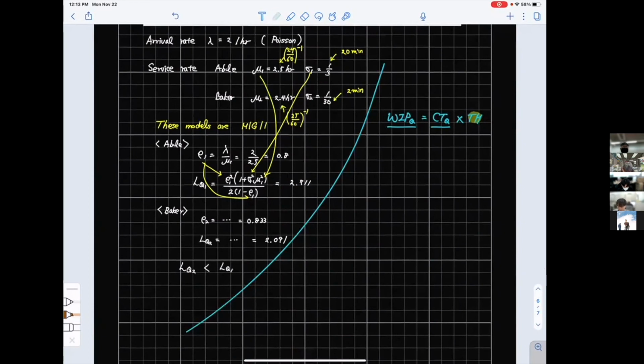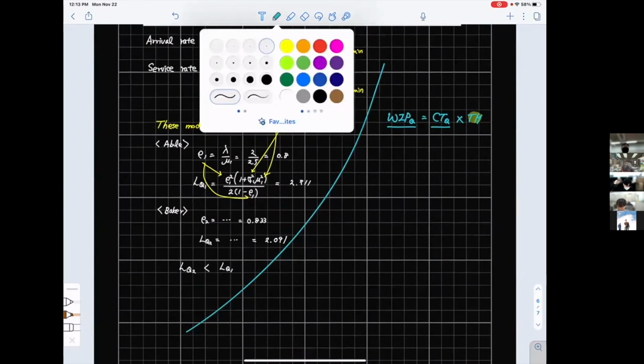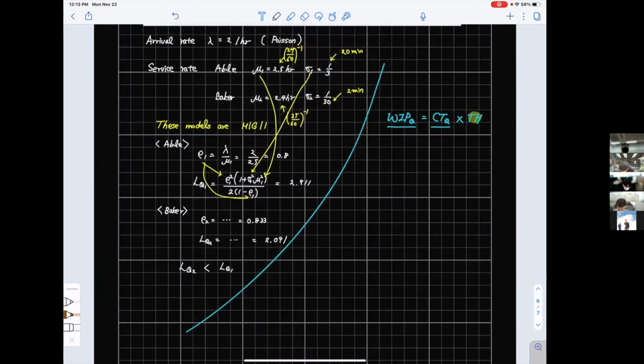So we can use the CTQ by use of the correction factor, a very famous formula, inserting the calculated rho, and here is inserted as 1 over mu.